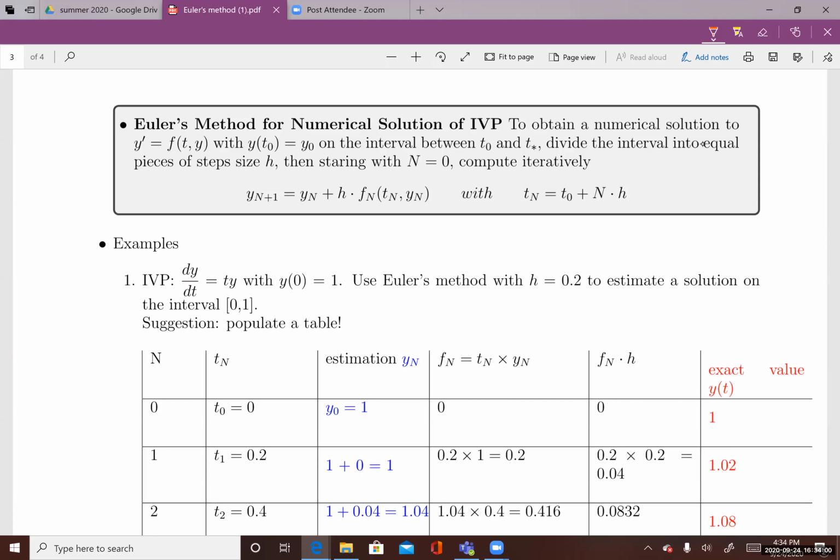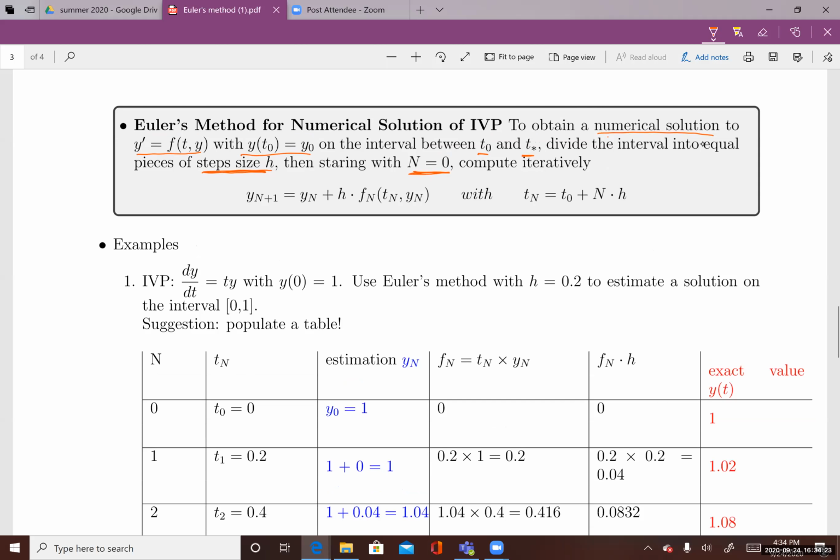to obtain a numerical solution to a differential equation with an initial value on an interval between t0 and t star, we divide the interval into equal pieces of step size h, starting with big N equal to 0.